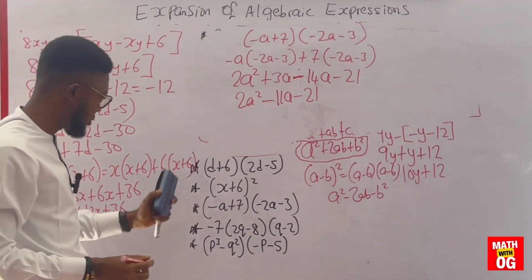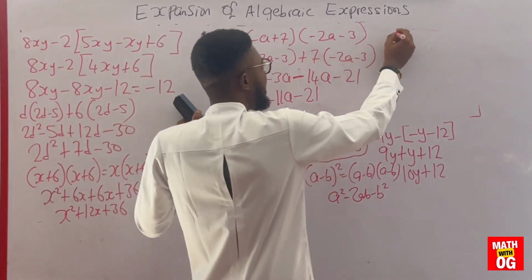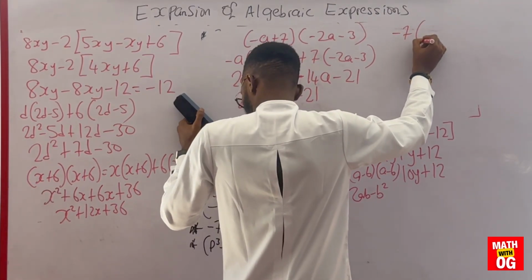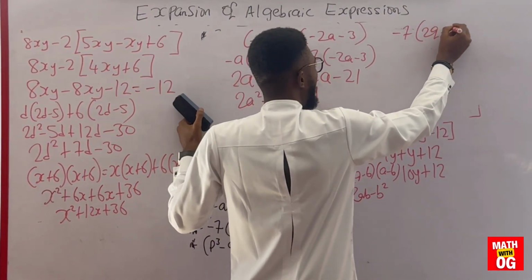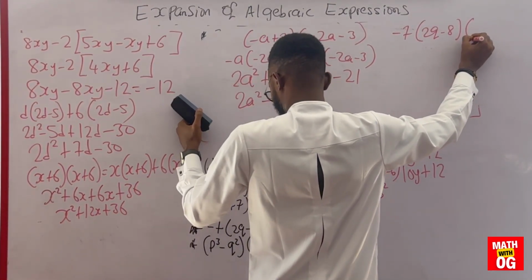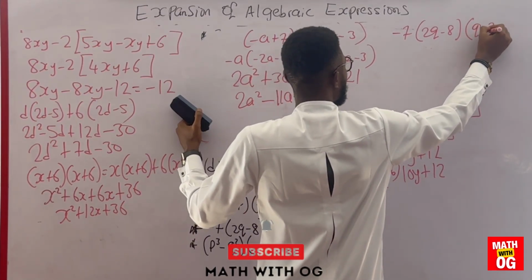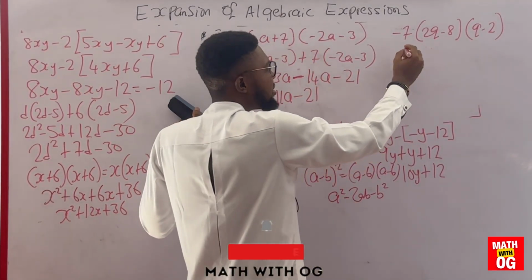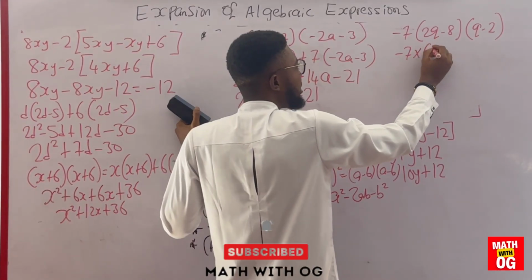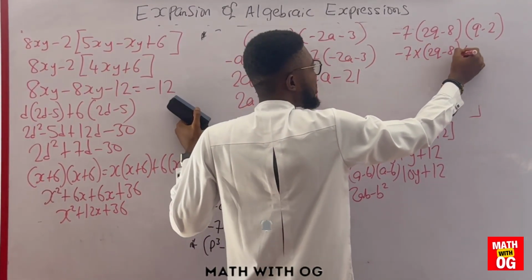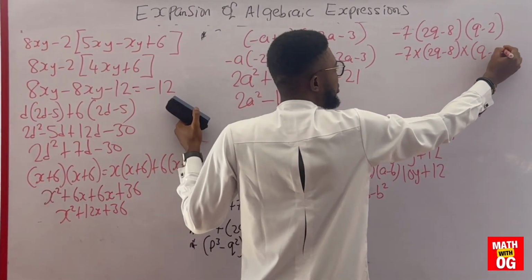Now the next question, you have a negative 7, open bracket, 2q minus 8, open bracket, q minus 2. So what we have here is simply negative 7 multiplying 2q minus 8 multiplying q minus 2.